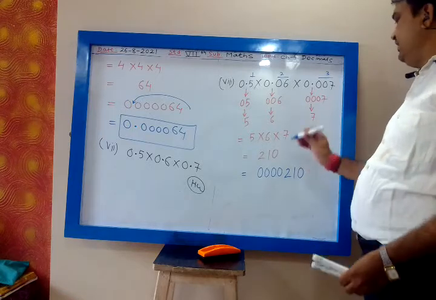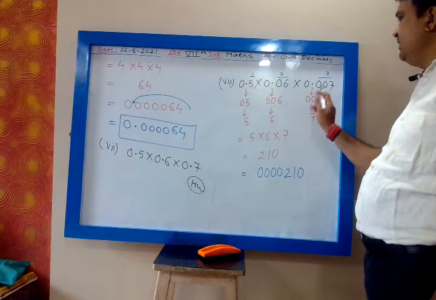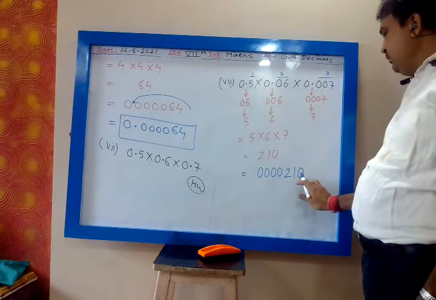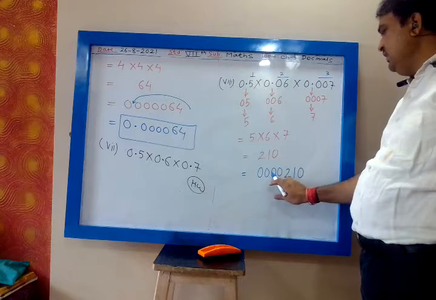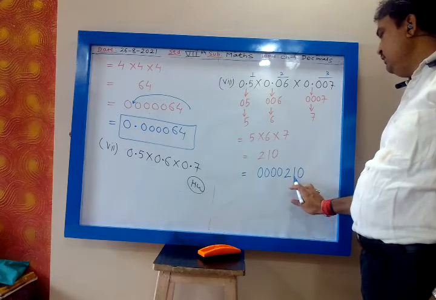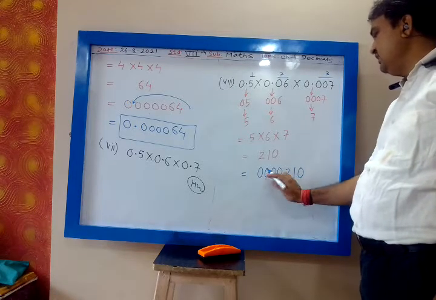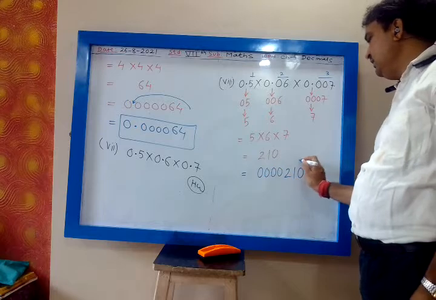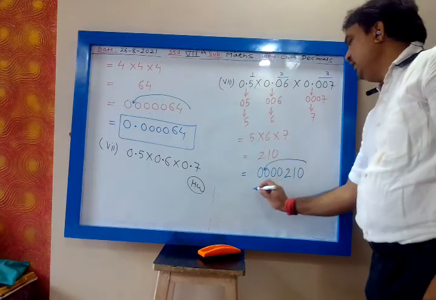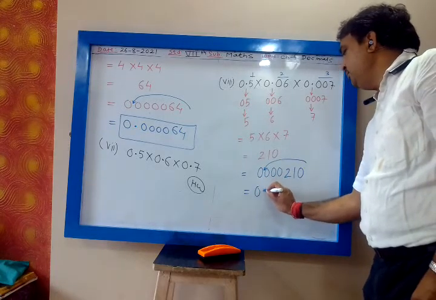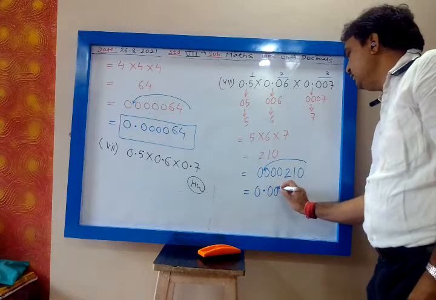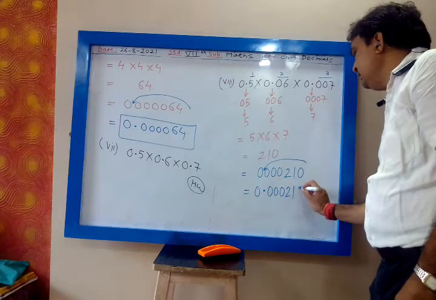Now move from the right and place the decimal after 6 digits: 1, 2, 3, 4, 5, 6. So the decimal will come there. That is 0.000210. Yes, all of you agree?